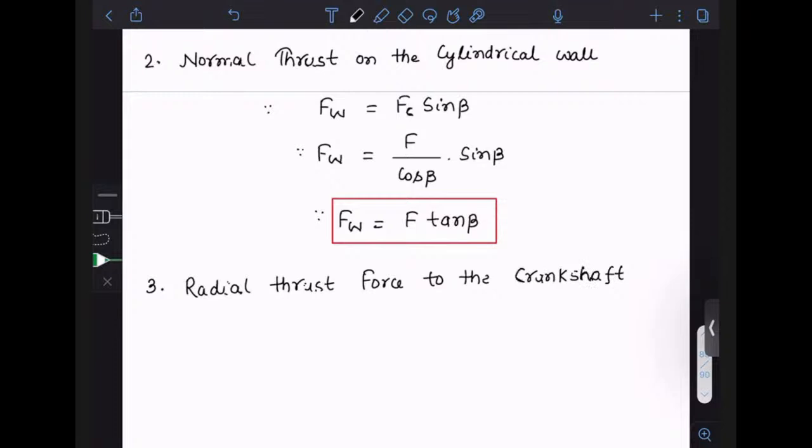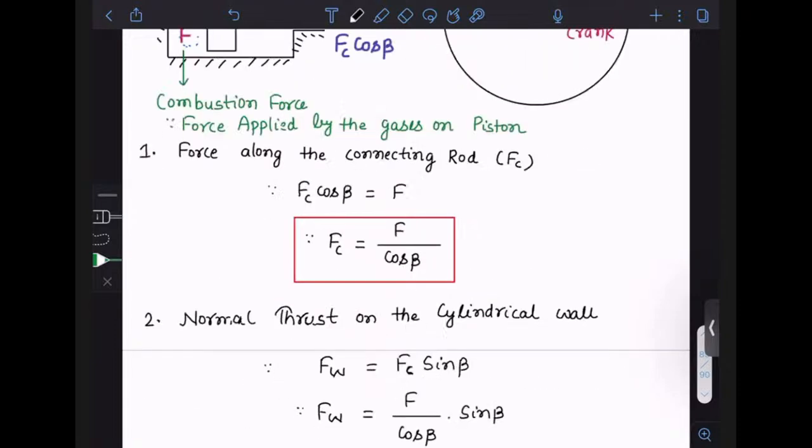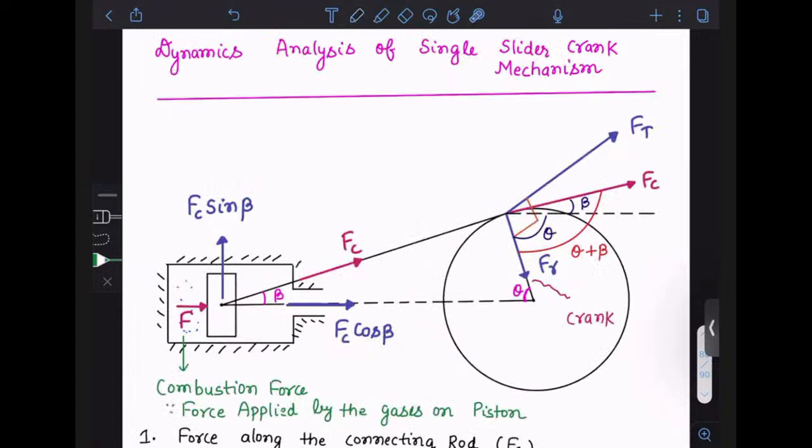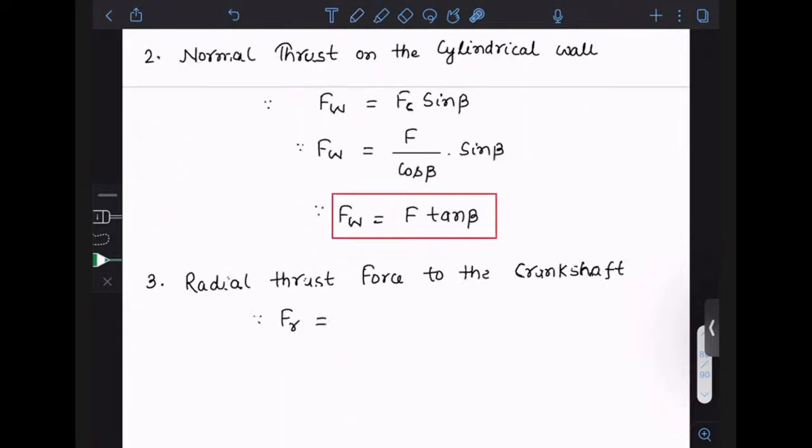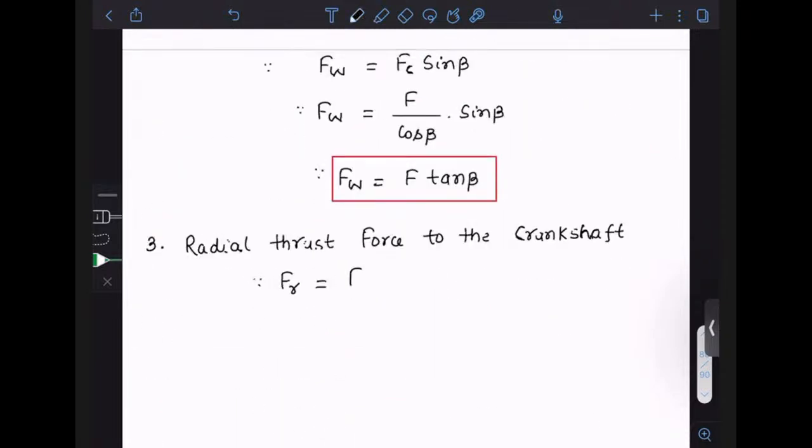Crankshaft means crank, right? The radial force which is acting, Fr. Here you can see it is the component of this. This is the force along the connecting rod, and its component in this direction is Fr, which is Fc cos(theta plus beta).